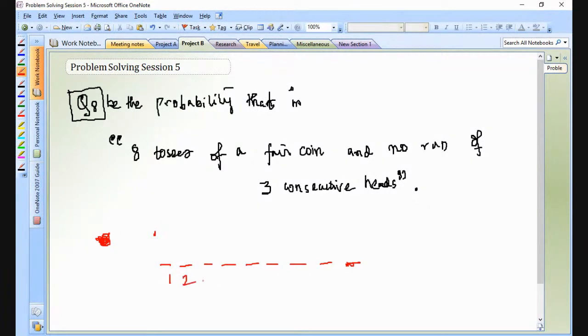It's first, second, third, fourth, fifth, sixth, 7, 8 places, so 2 to the power 8. For one head, it's heads here, and the rest will always be tails, and there will be no consecutive heads. You understand the complexity of the problem. There will be no 2 consecutive heads.